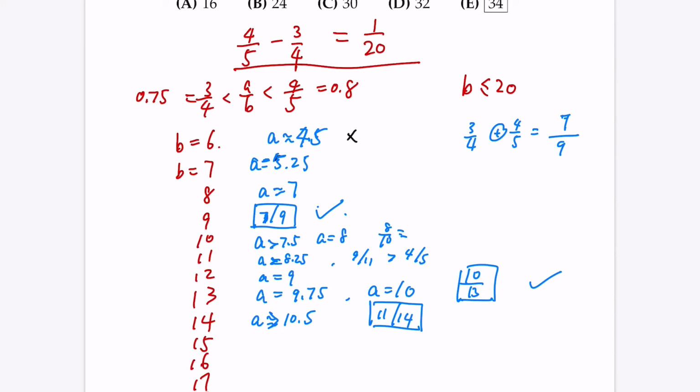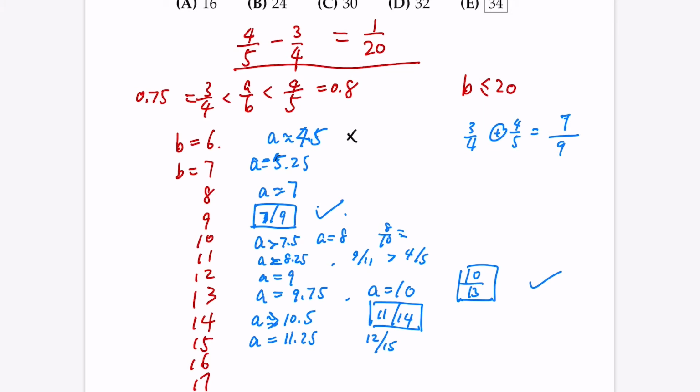That's a number between 3/4 and 4/5. For 15, we get A is equal to 11.25. But then you try 12 over 15, that's not coprime, not in the simplest form. So 15 doesn't count.